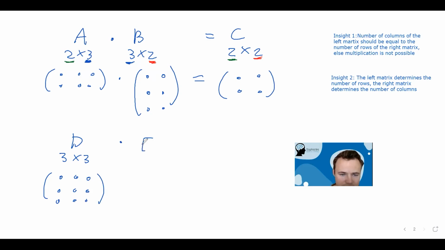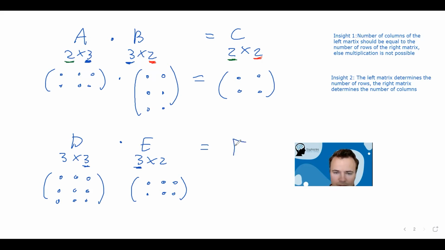A matrix E is a 3 times 2 matrix. My first question, am I allowed to multiply those with each other? Am I allowed to do that? And the answer would be yes, because those two numbers are the same, right? The numbers on the inside are the same. Very good.